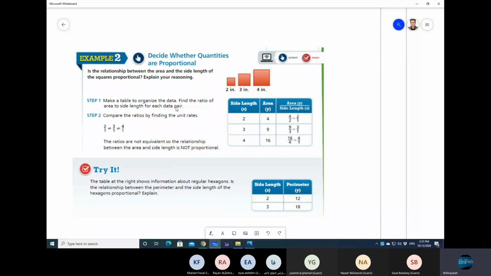Could you please read the second example here for us? Read it for us, please. Who can read this example for us, the second example?